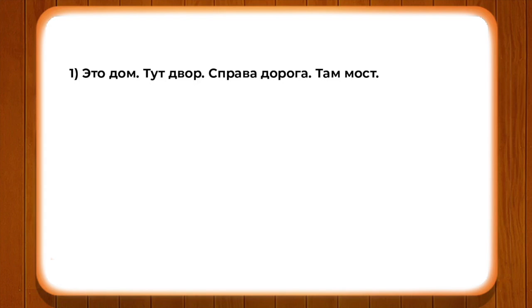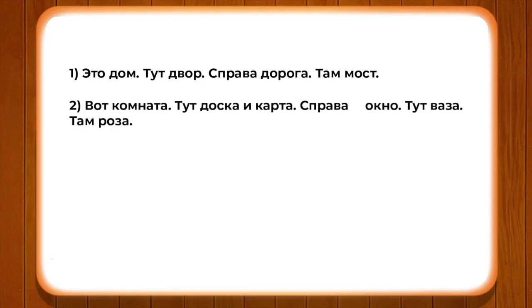The first sentence is "Это дом, тут двор, справа дорога, там мост." The second sentence is "Вот комната, тут доска и карта, справа окно, тут ваза, там роза."